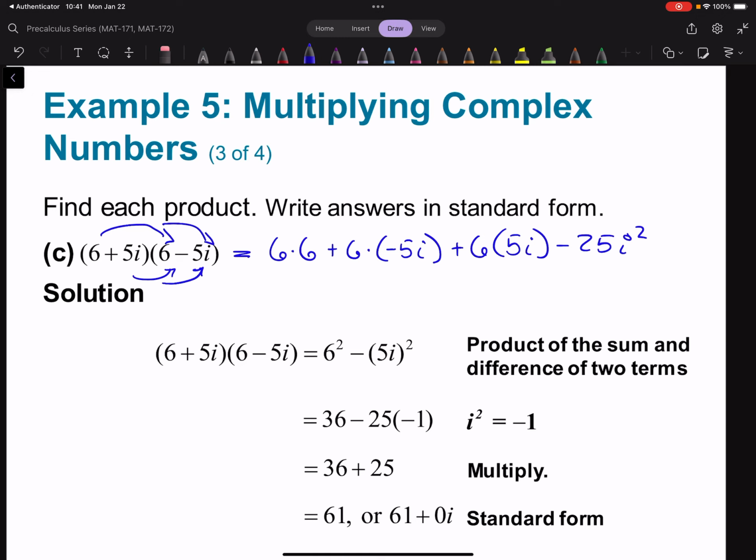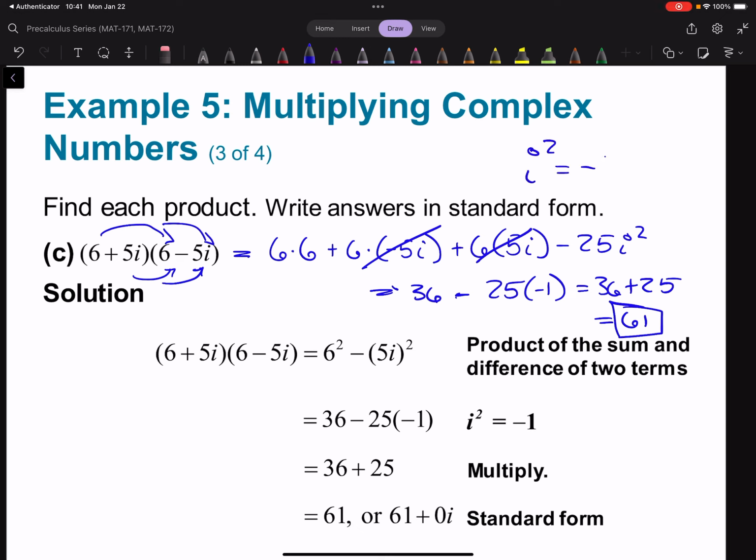At this point, these two cancel, and I have 36. Now we're going to do minus 25 times negative 1, or 36 plus 25, which is how we get 61, keeping in mind that i squared is equal to negative 1.